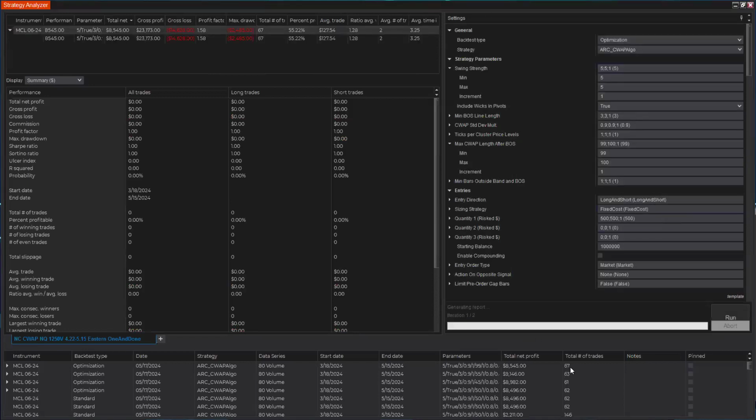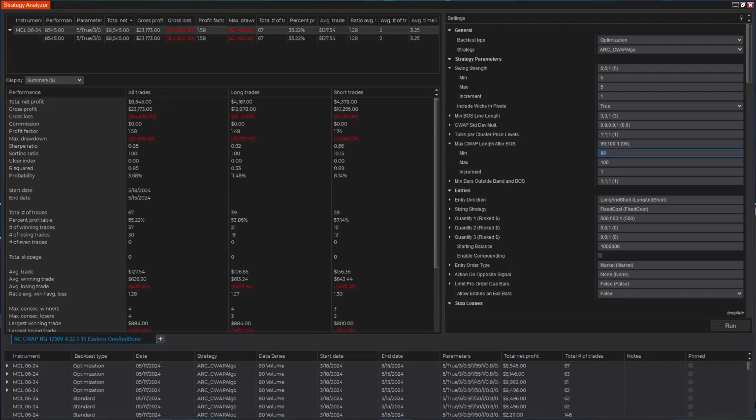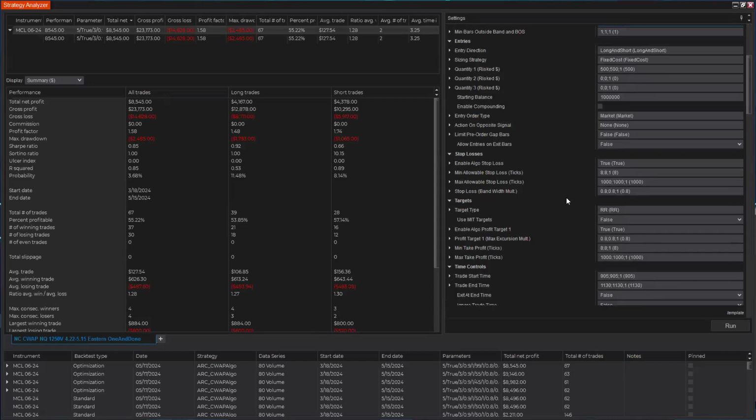I assume, yeah, see, it added 4 trades, and those 4 trades were not profitable. So I'll just leave it at the 55. That tells me that's a good go-to number. It's going to encompass most of those trades, but not all of them, and that's good enough.